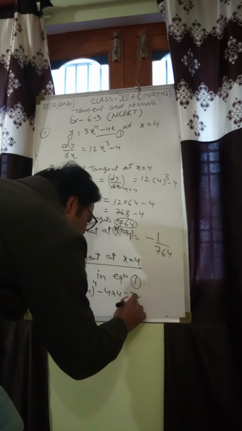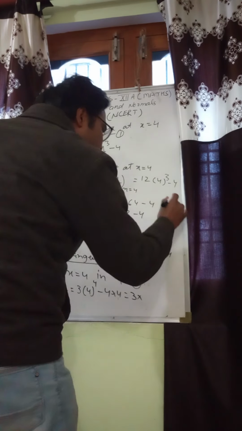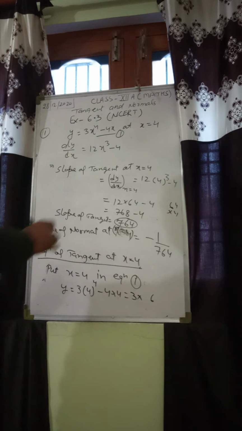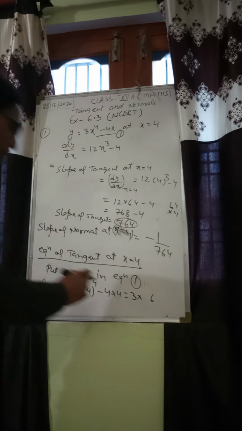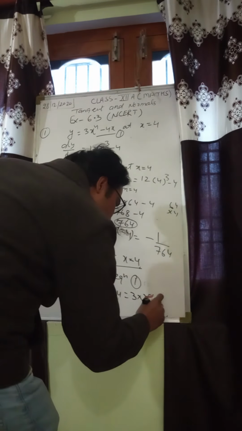That is 3 into 256 minus 4 fours are 16.